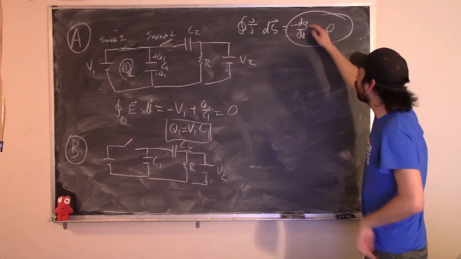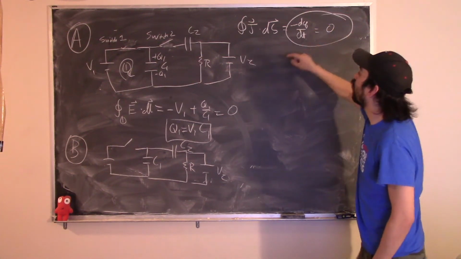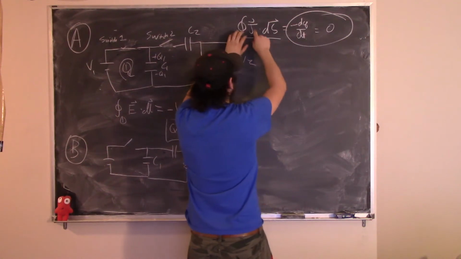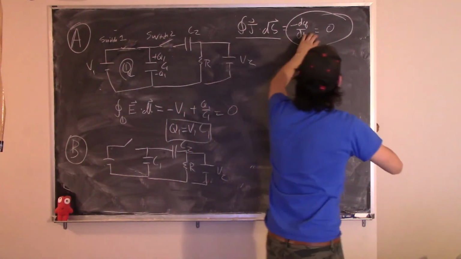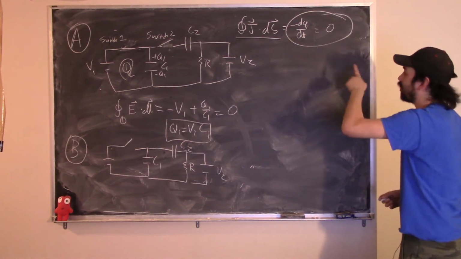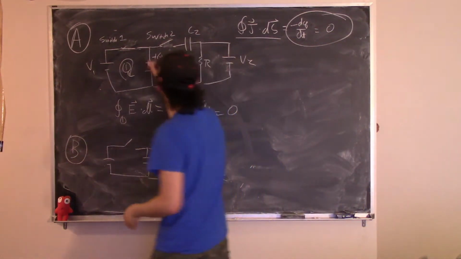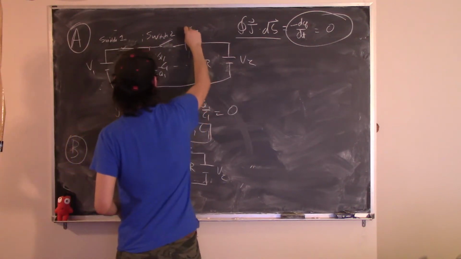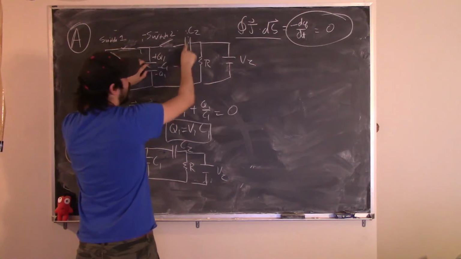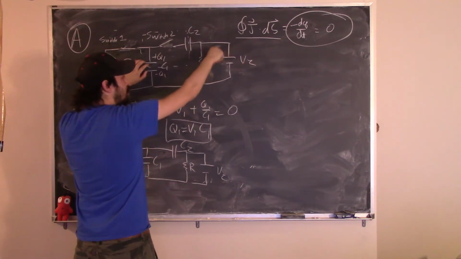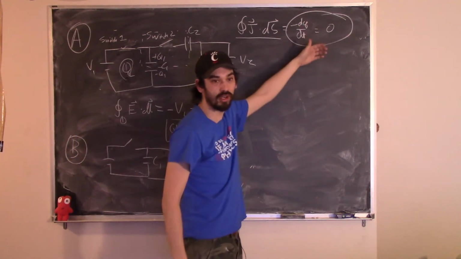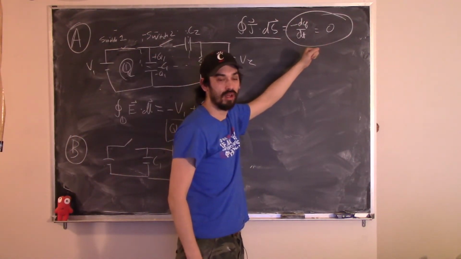The negative time derivative of the charge in the box, the surface parameterized by this integral of j dot ds, is going to be 0. Which means that for the surface I define this way, getting the top plate here and the left plate here, the charge inside that surface is going to be a constant, because the rate of change of the charge is equal to 0.